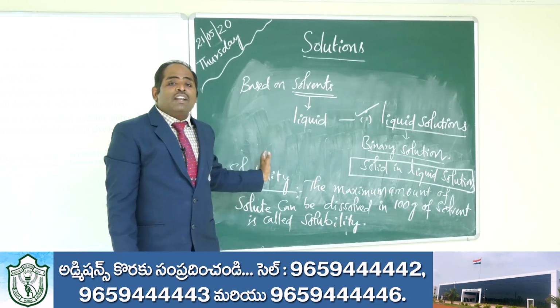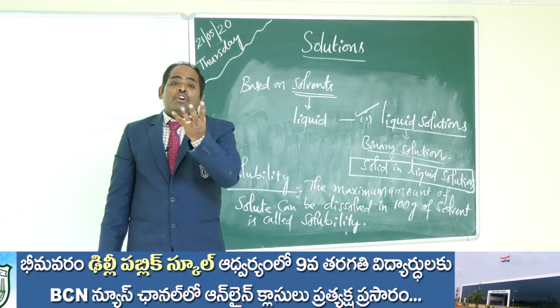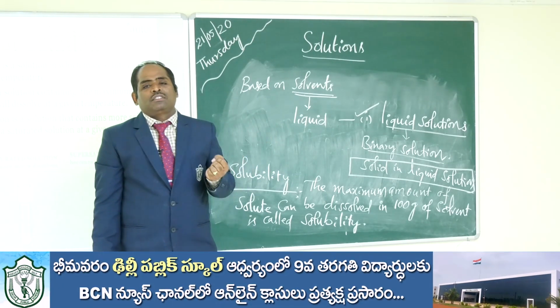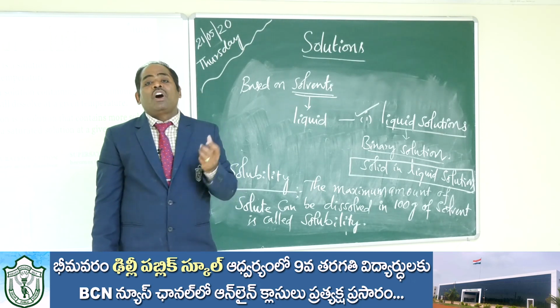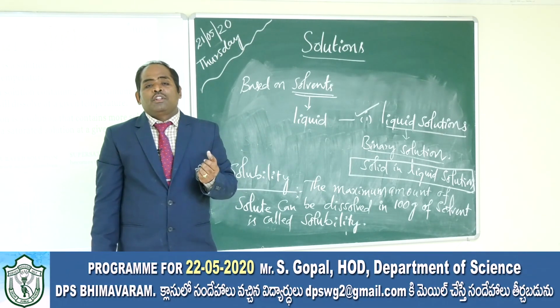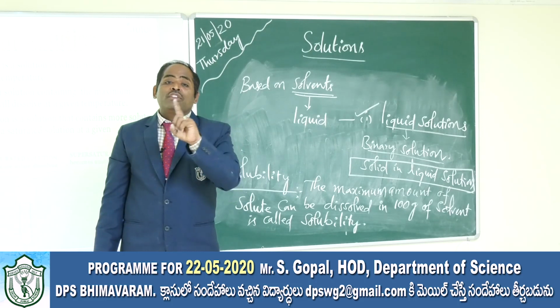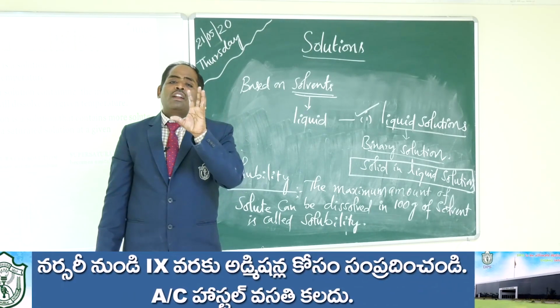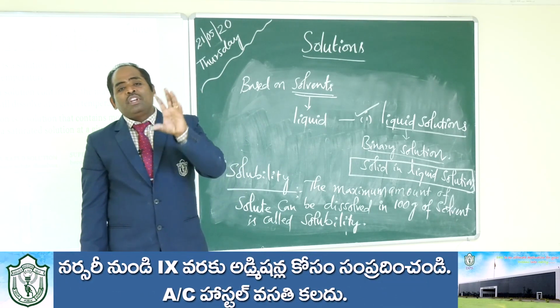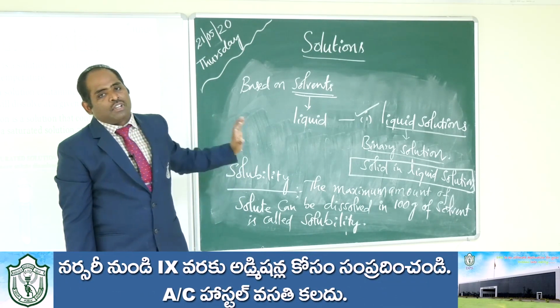So here the salt is able to dissolve in the water, means water is attracting the salt. That is called a polar solvent. Water is a polar solvent. All salts can dissolve in water, but all salts cannot dissolve in alcohol because alcohols are organic solvents. They like only organic compounds, not salts.